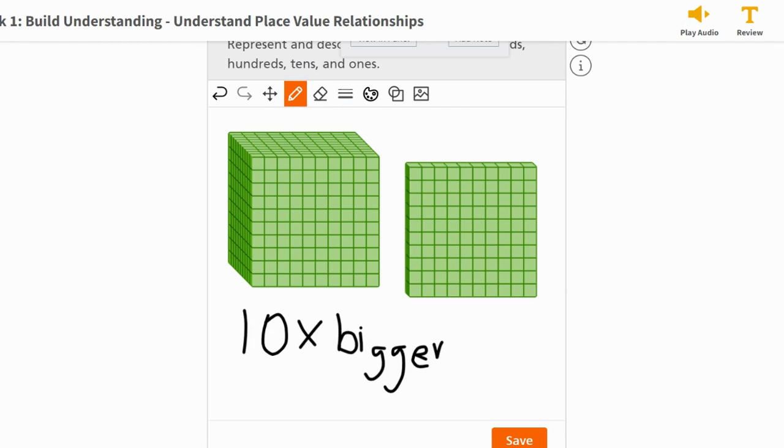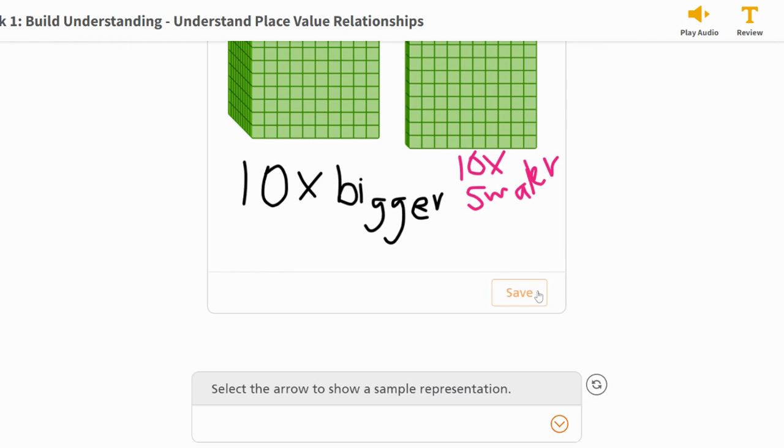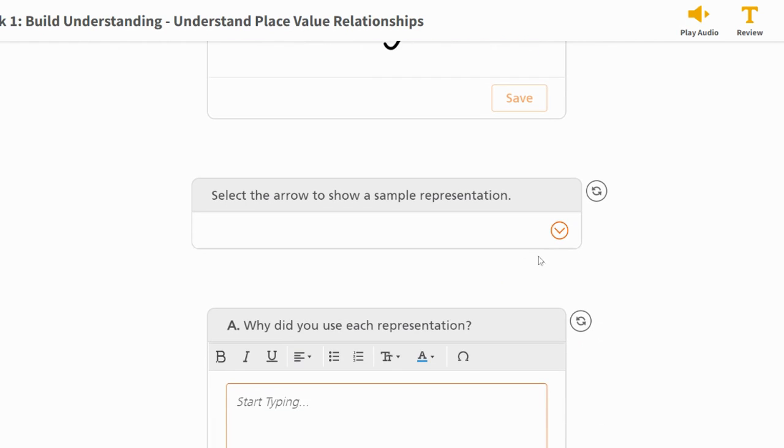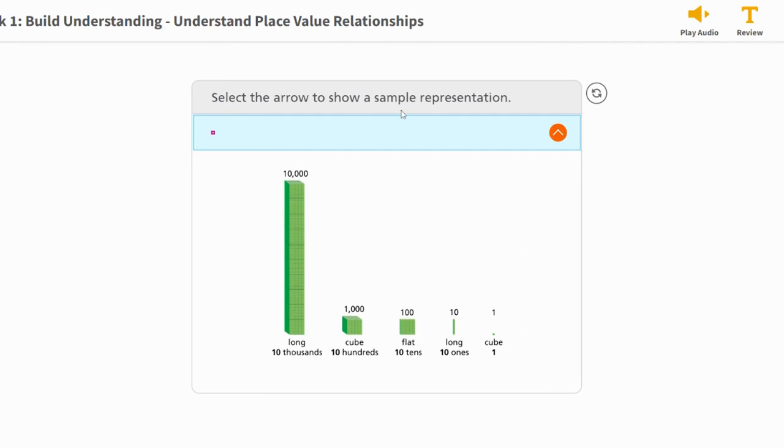And that also means that this guy over here is 10 times smaller. Okay, so we're going to select the arrow to show a sample representation.